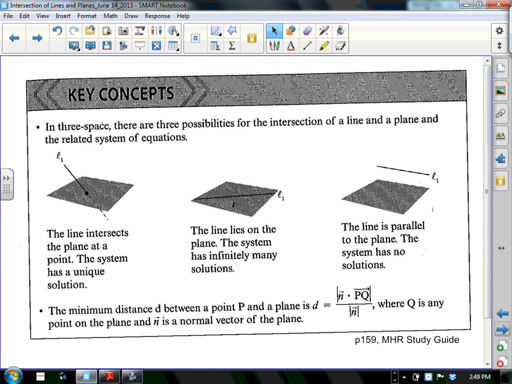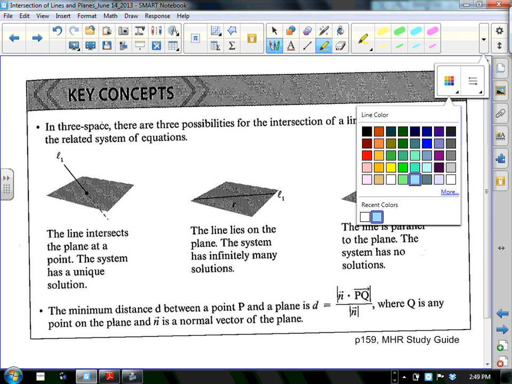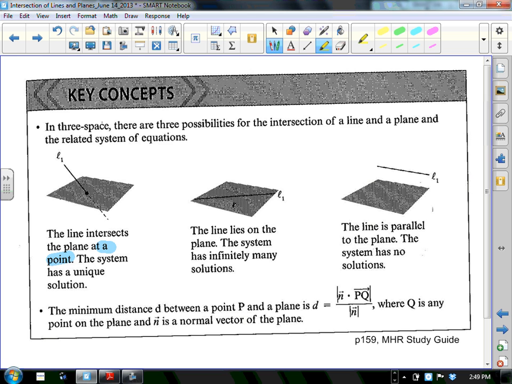Prior to getting into the examples, let's take a look at the possibilities in terms of how lines intersect with planes. Firstly, take note that in scenario 1 we could have intersection at a point, which means you would have a unique solution.